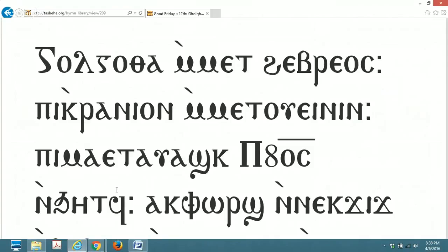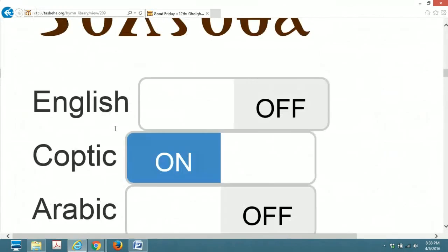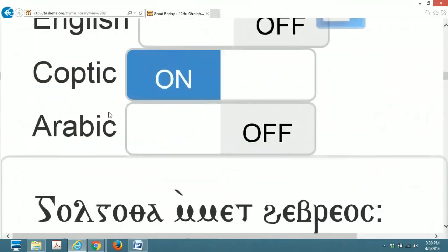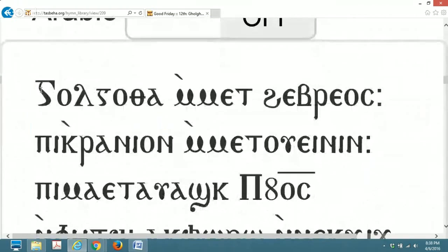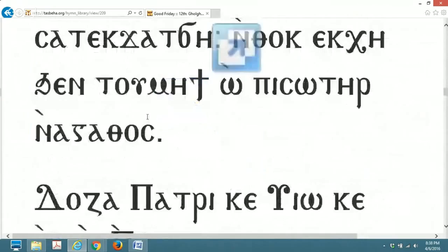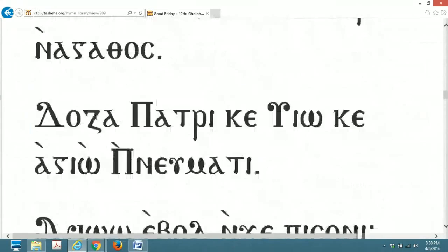It's fully in Coptic. I mean, there's some Greek parts, but it's really one of my favorite hymns. So I figure we'll pick this one to start with for the next couple of weeks. This is the hymn of Golgotha, which is the concluding canon for Good Friday. It's pretty easy, but it has a lot of basic grammar and basic stuff that we've taken. So that's another reason I wanted to pick this.